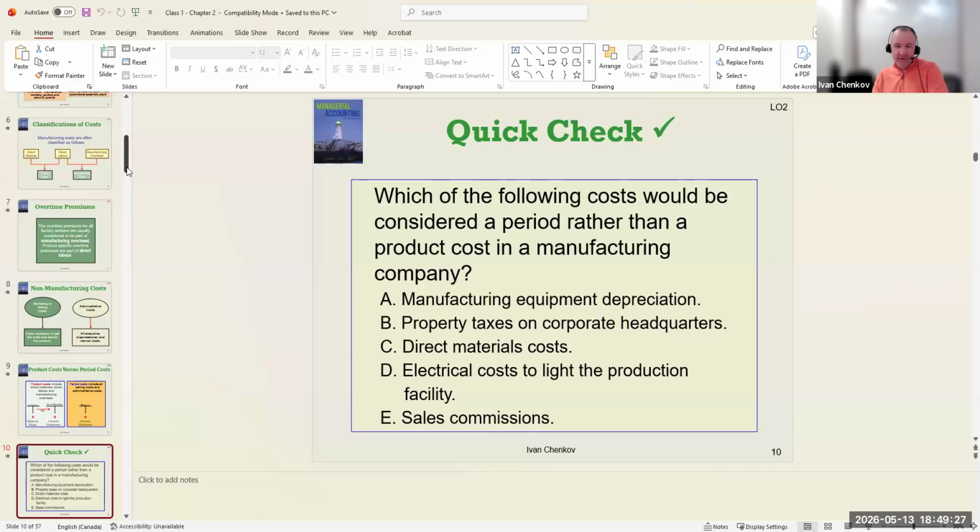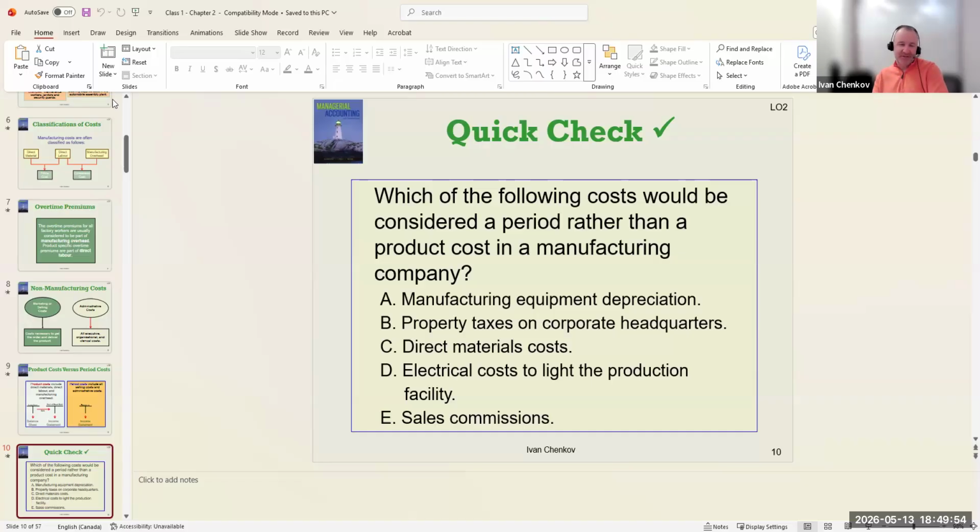Next one, electrical cost to light the production facility. Yeah, it's going to be product cost. What kind of product cost will that be? Direct material, direct labor, manufacturing overhead? Manufacturing overhead, correct. Tina, you're very fast. Good job.